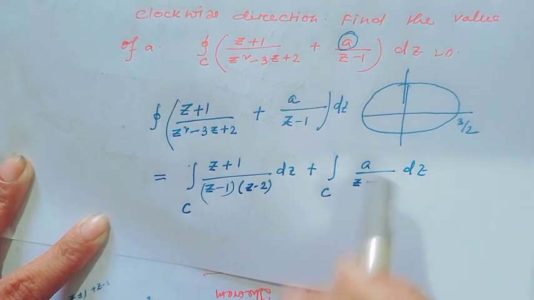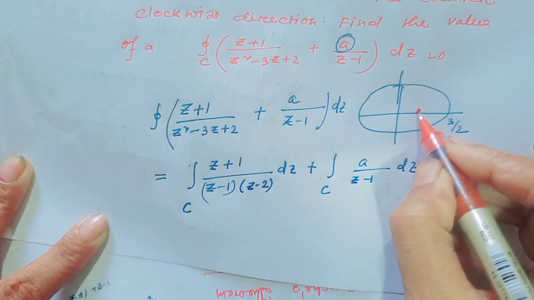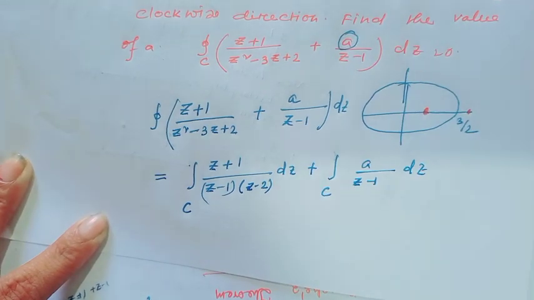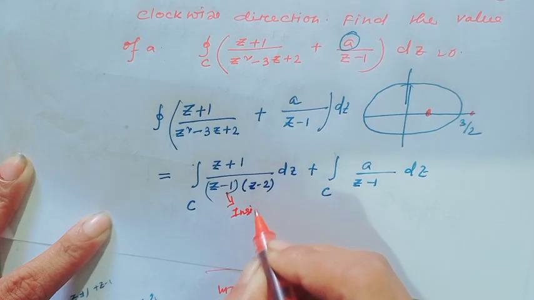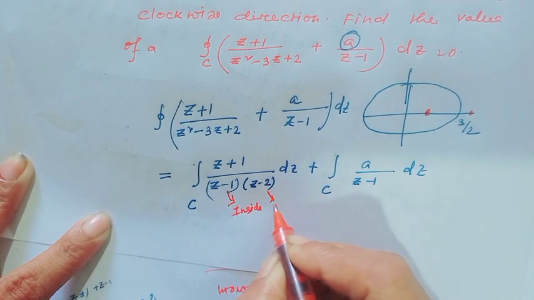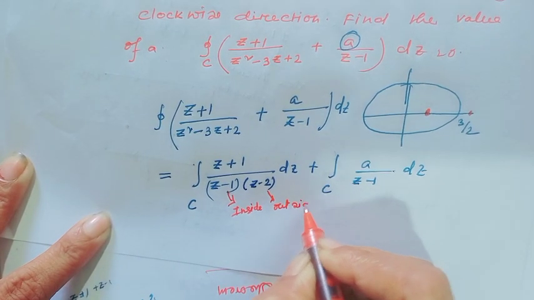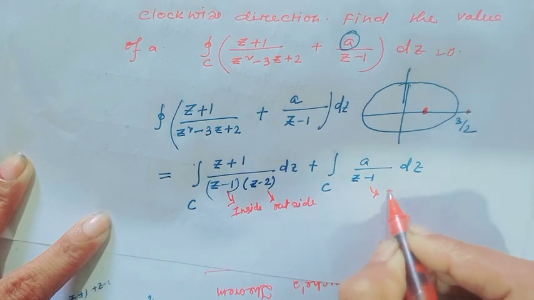Here 1 is inside the circle, 2 is outside the circle. 1 is inside, 2 is outside. Here also 1 is inside.